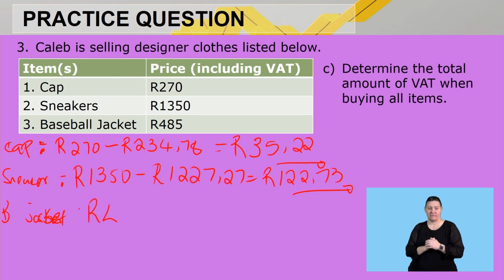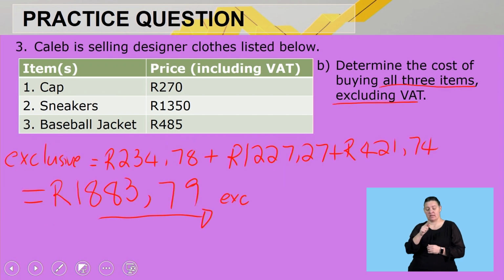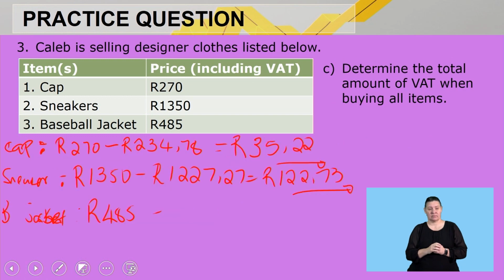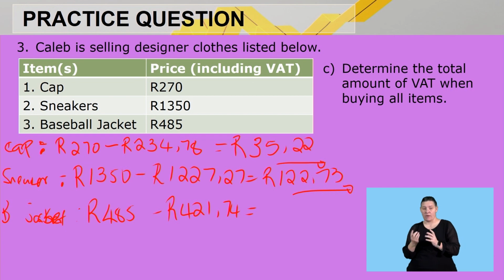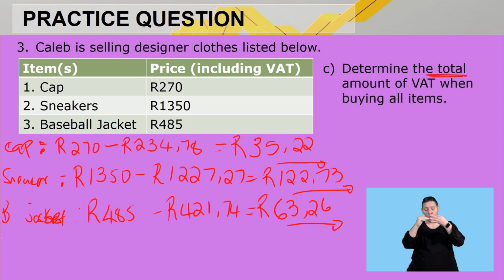And our last item, the baseball jacket. Originally we had 485, and we are going to subtract 421.74. So 485 minus 421.74. The VAT amount charged on this is 63.26. The question said we must find the total, meaning we are not yet done with our calculations. We still need to add the VAT charged on each item.